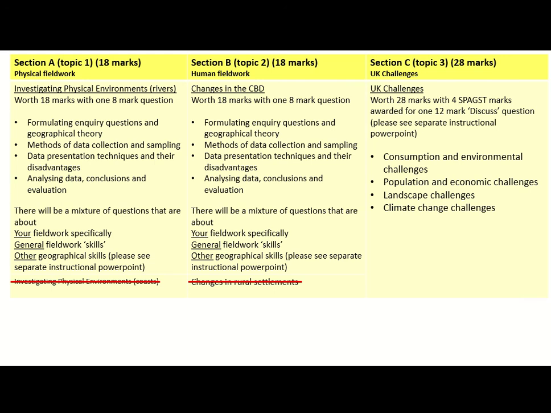So some of the landscape challenges will already include information that you've covered from the rest of the course. So this part of the paper is mainly about that 12-mark discuss question, actually worth 16 marks, where you have to really structure your answer well and use resources. But like I say, there is a separate instructional PowerPoint which will help you through that.